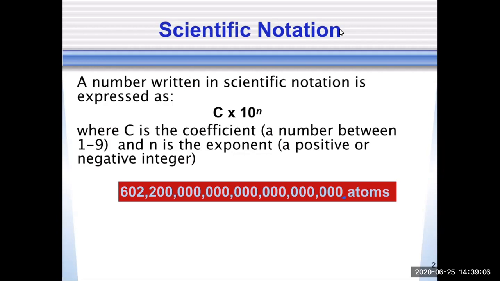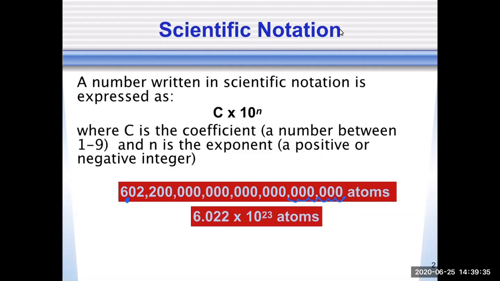And you would just count going to the left, 1, 2, 3, 4, 5, 6, etc., all the way until you get that decimal right after the number 6. Because remember, in the coefficient, we want that number to be between 1 and 9. So that turns out to be 6.022 times 10 to the 23rd atoms.